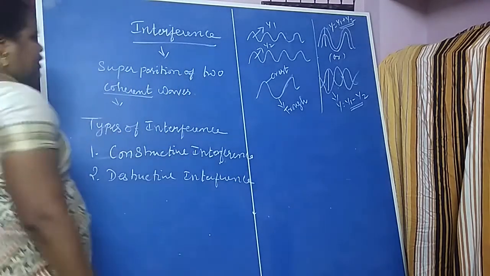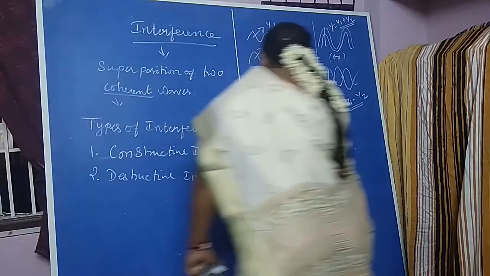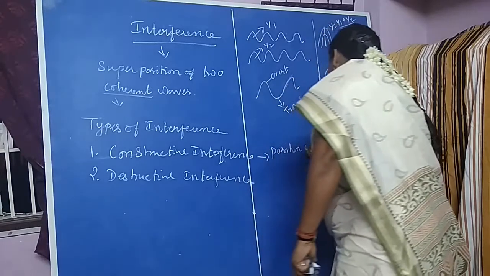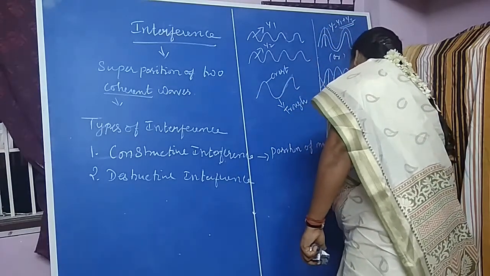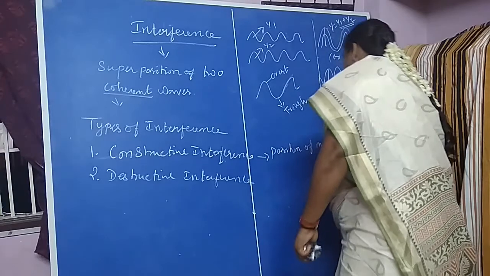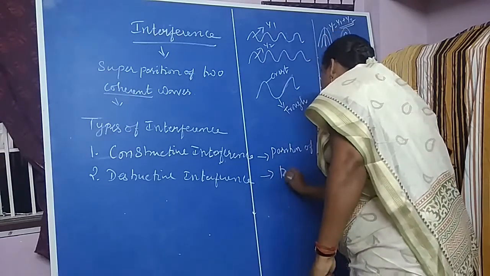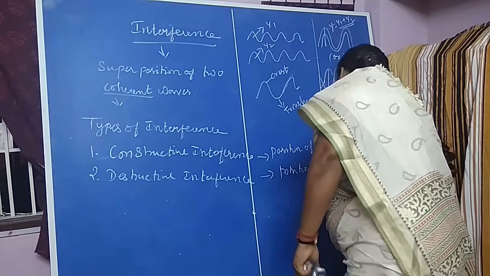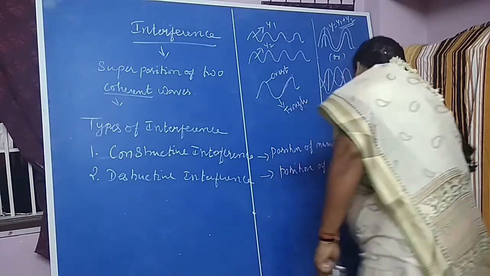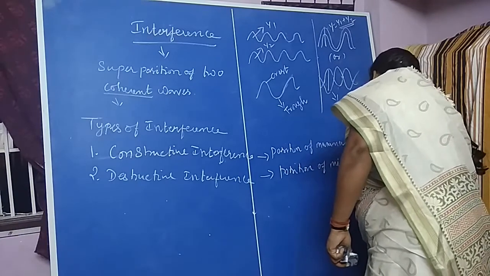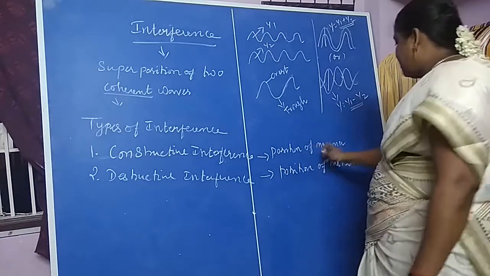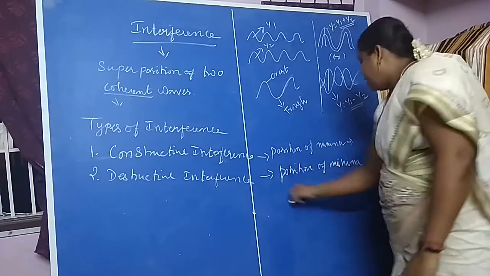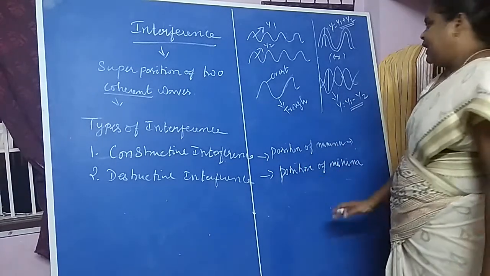In constructive interference, we will get the position of maximum. In destructive interference, we will get the position of minimum. The position of maximum has the maximum intensity and the position of minima has the minimum intensity.